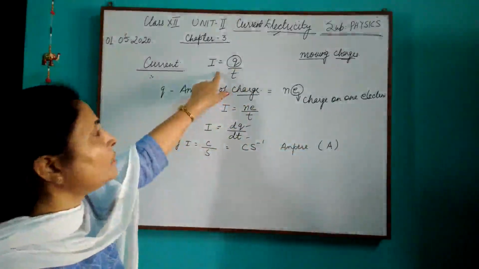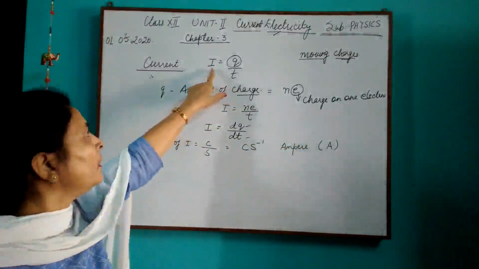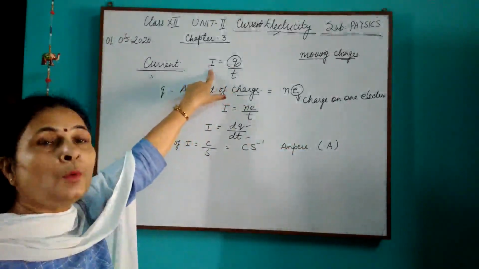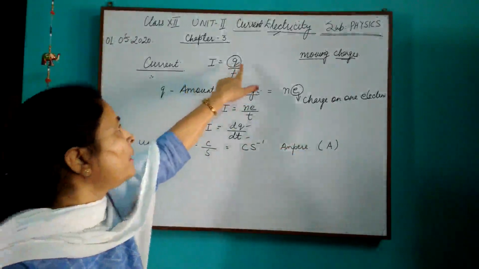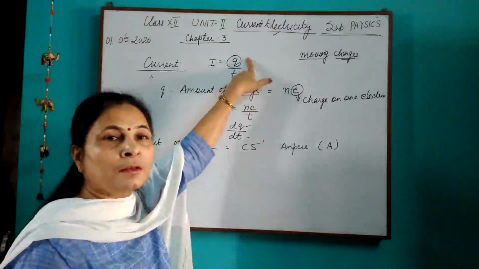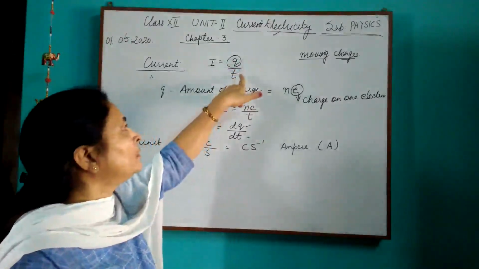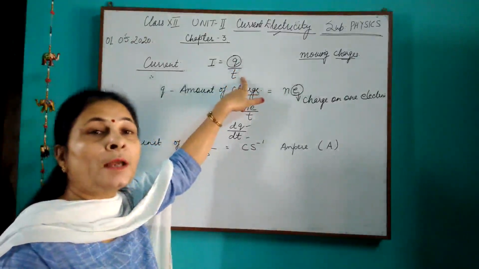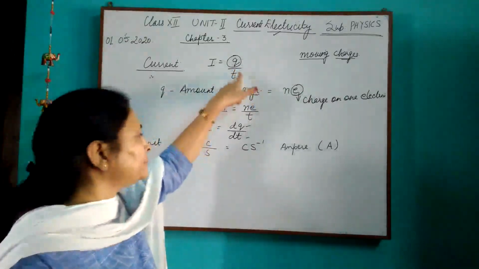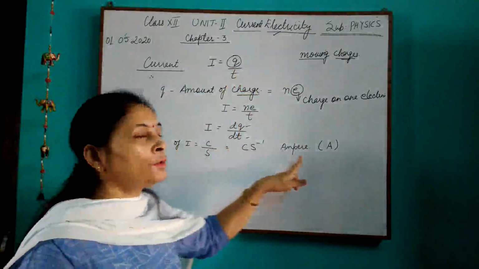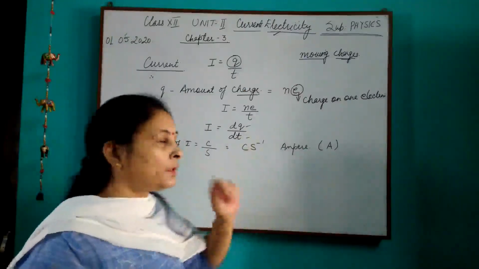We'll again go back to the same expression. The current is said to be 1 ampere when 1 coulomb of charge flows through the given conductor in 1 second. In this way, you can also define the unit.